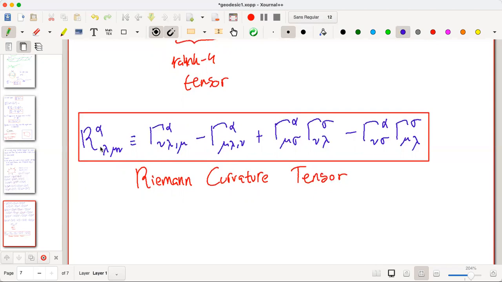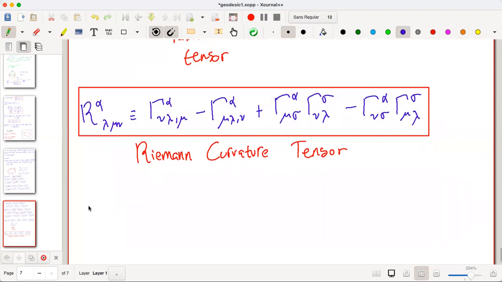Well, fortunately, we don't always have to deal with the full Riemann curvature tensor. We can contract it from a rank 4 tensor into a rank 2 tensor.